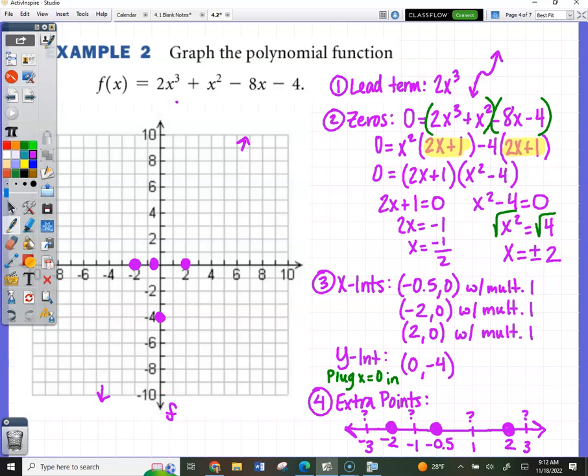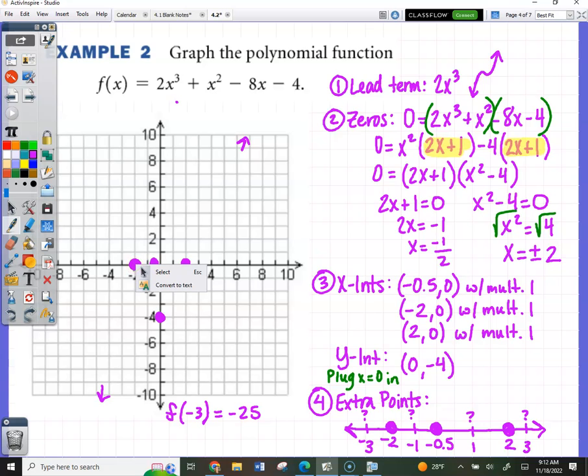When I plugged -3 in, I got -25. So am I going to be able to graph that one? It's really shooting straight down, right? (-3, -25) is way down here. Does that make sense? So I'm not going to be able to graph that one, but I can at least know that this is definitely shooting down really far.